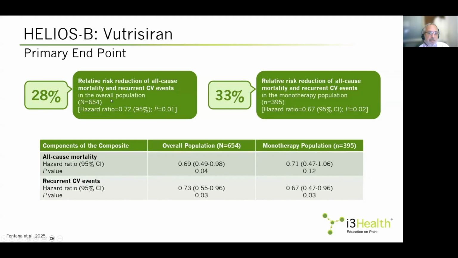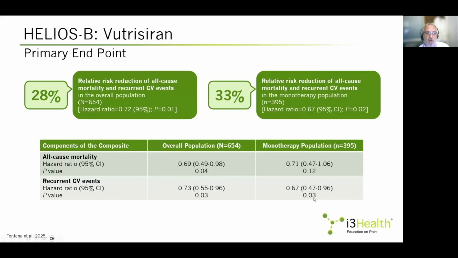And in this population on study 654, there was a large group of patients who were only receiving vutrisiran, but there was an even larger group, you can see, who were receiving baseline therapy with Tafamidis. So this is a very contemporary cohort of patients, not only well treated, but some of them on combination, if you will, therapy, and many of them on MRAs and SGLT2 inhibitors.